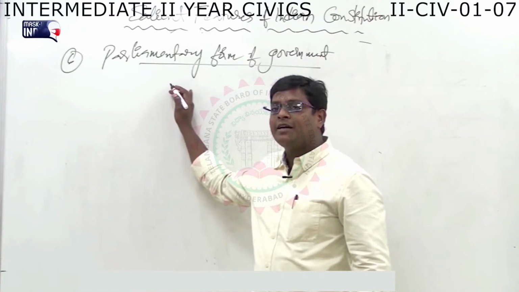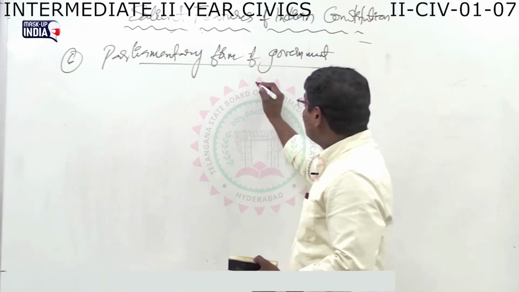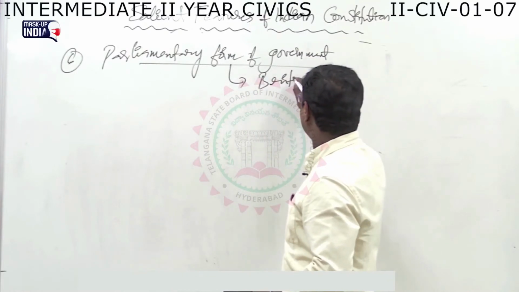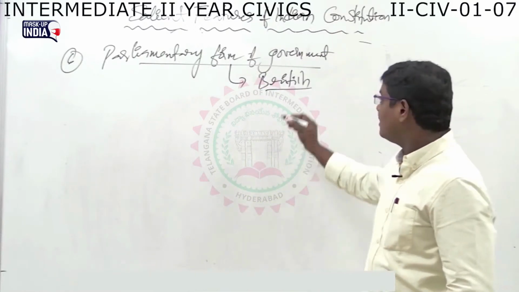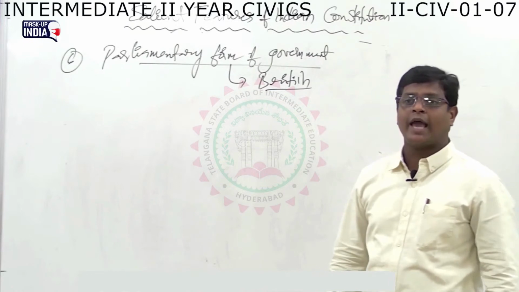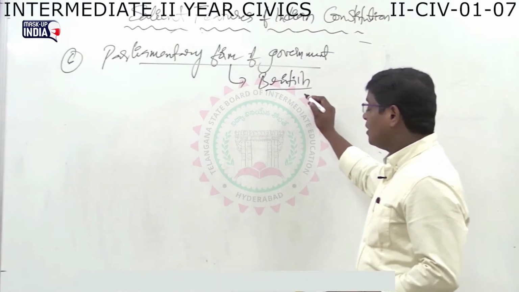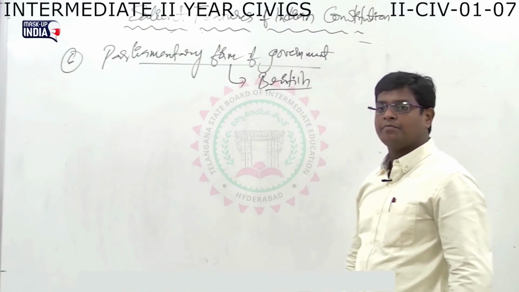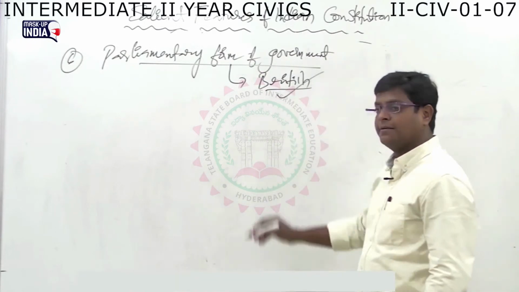India adopted the parliamentary form of government, which is inspired by the British type. That means the Westminster model of government. The British parliamentary system is popularly known as the Westminster form of government. You know very well, Britain is the mother of the parliamentary system because the first parliamentary system originated in Britain.